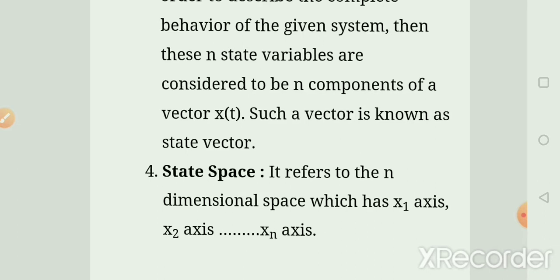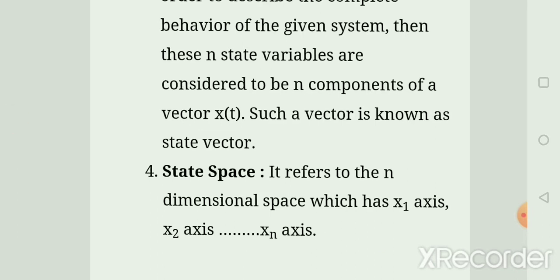For each state variable we have an axis, and when we combine these axes we get a complete n-dimensional space, and this space is known as state space.